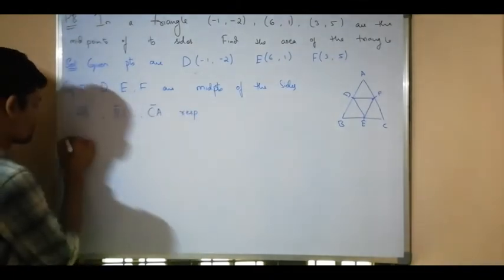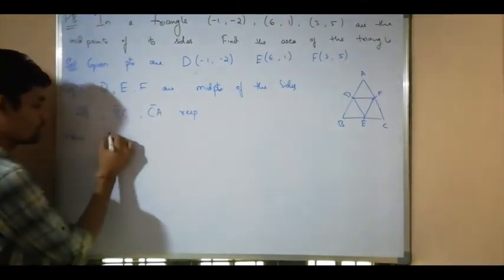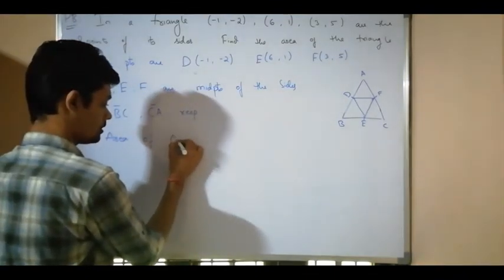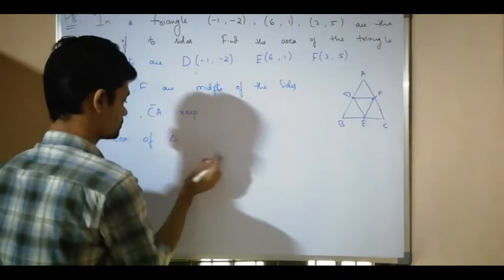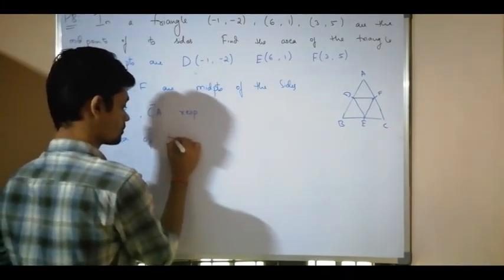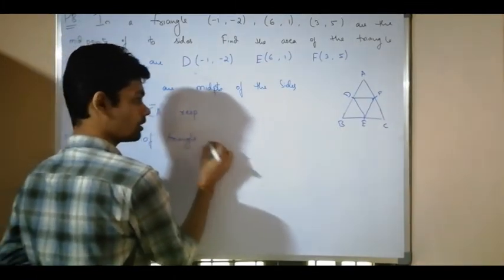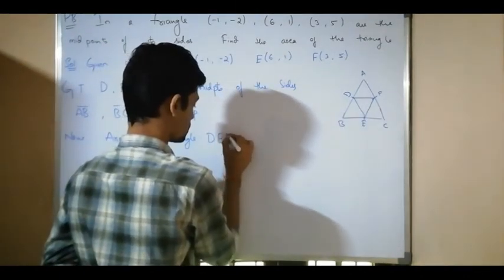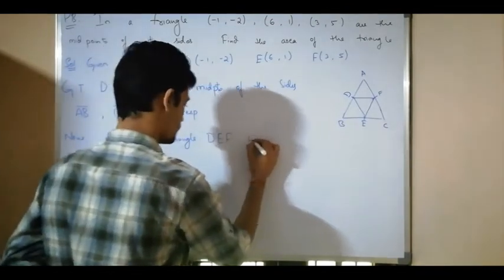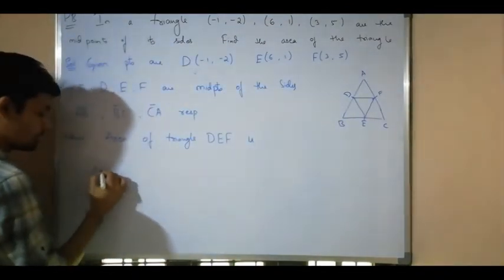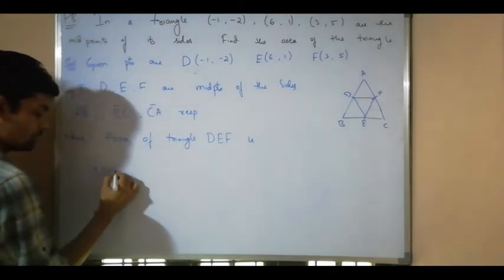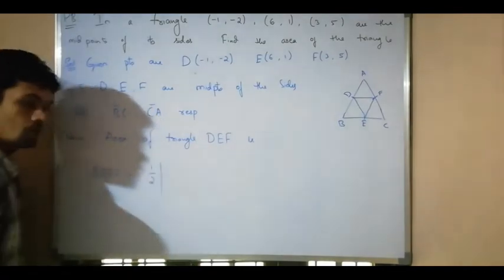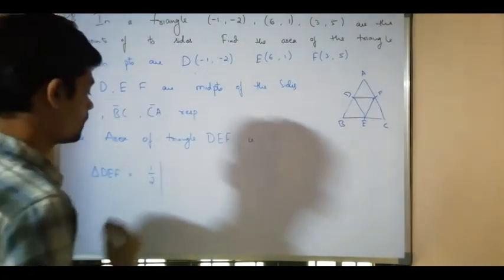Now area of triangle DEF is delta DEF, that is half modulus of, what is the formula?